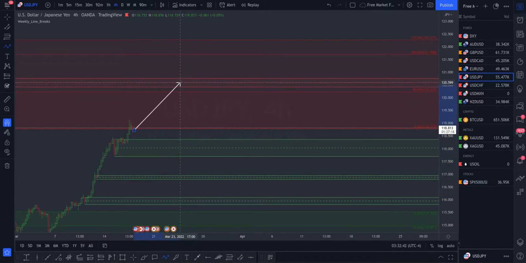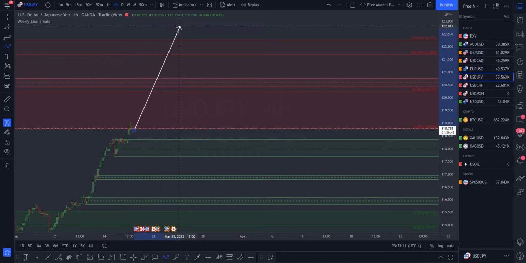Or it may come to this 4-hour unmitigated zone and bail off, or we can just get a lot of selling pressure from any of these news events to push through this institutional distribution zone.